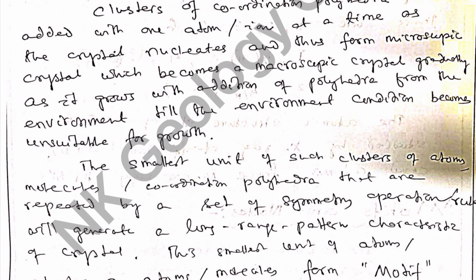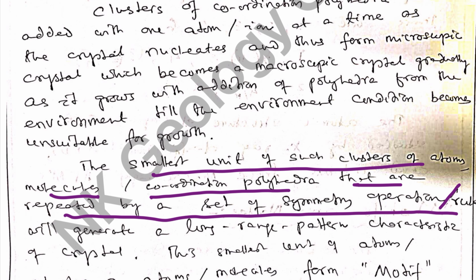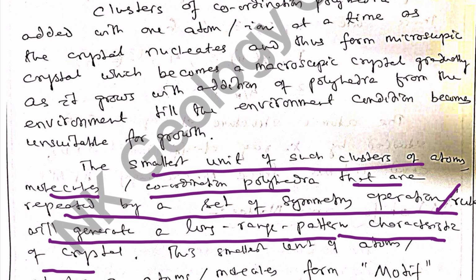The smallest unit of such a cluster of atoms or molecules or coordination polyhedra that are repeated by a set of symmetry operations or by symmetrical rule will generate a long-range order or pattern of the atoms which are characteristic of the crystal.